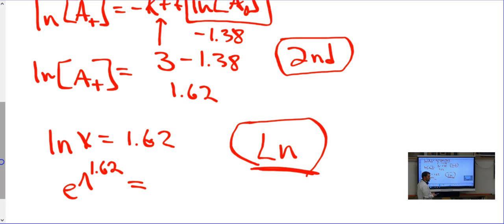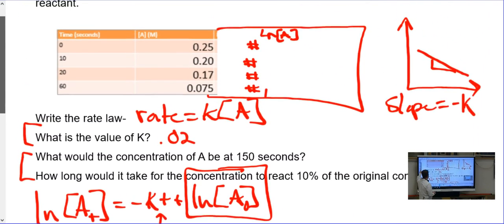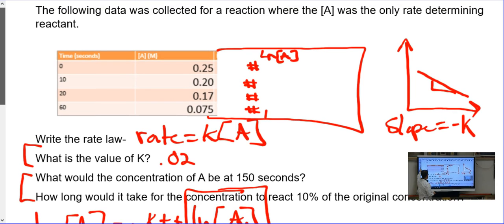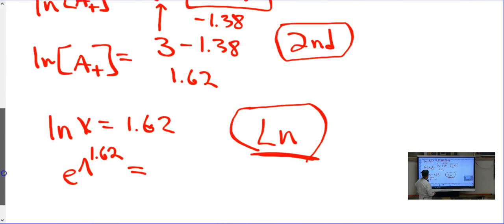So what did you guys get? 5.05? That doesn't seem right. Yep, definitely can't be right. What do we do wrong here?